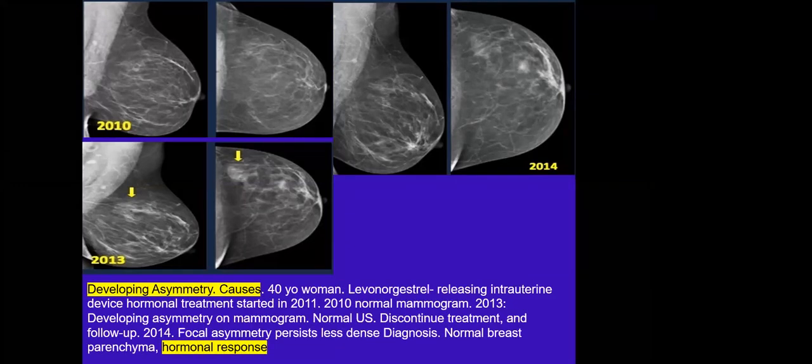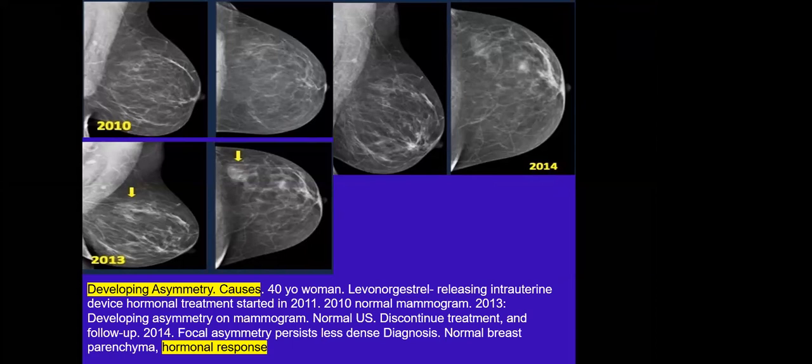So what happened? This woman with a developing asymmetry was using a hormone-releasing intrauterine device. See, it started in 2011 after the first screening, and then the 2013 study demonstrates the developing asymmetry.